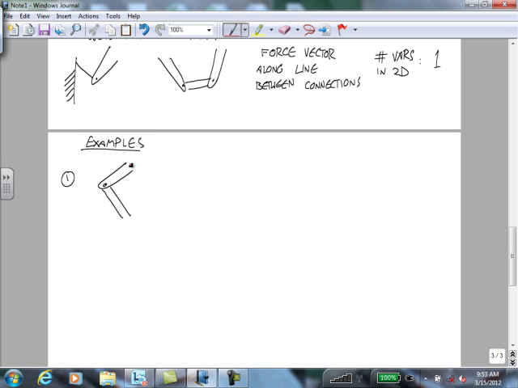Then in your free body diagram for body 1, you're going to have a force that's perpendicular to this slot, instantaneously perpendicular to that allowable motion. I don't know, call that R.